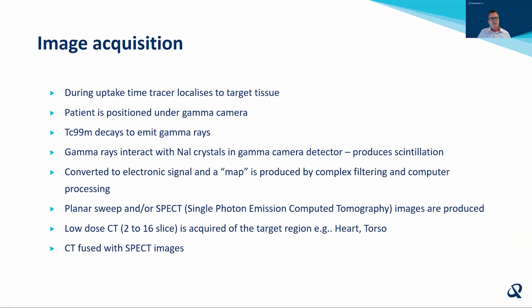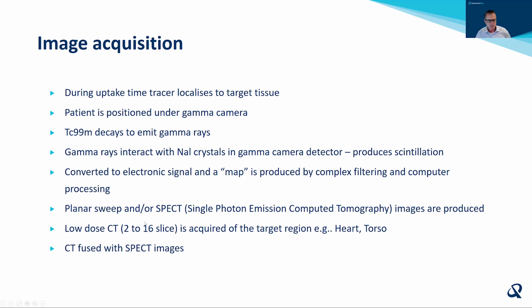During the uptake phase, the tracer with the ligand localizes predominantly to the target tissue. When the patient is presented to the gamma camera, the technetium emits gamma rays. The gamma rays interact with sodium iodide crystals in the gamma camera detectors, which produces scintillation. The scintillation is converted to an electronic signal and a map is produced by filtering and computer processing.